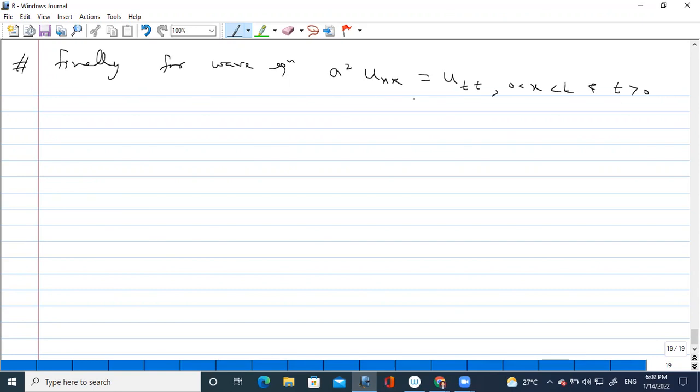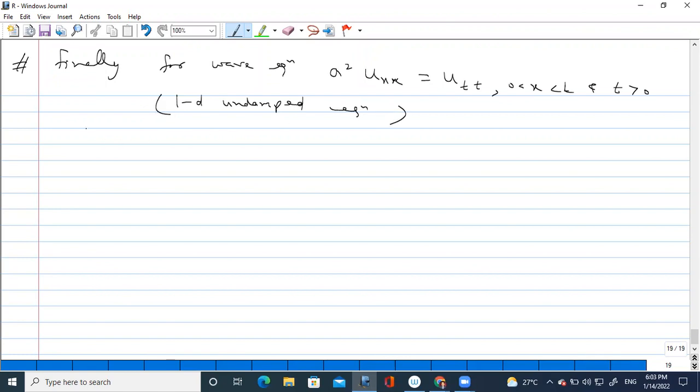It is a 1D, one dimensional, undamped equation. The damped equation I will solve separately, because for damping we have to take one more extra term, which we will take afterwards.